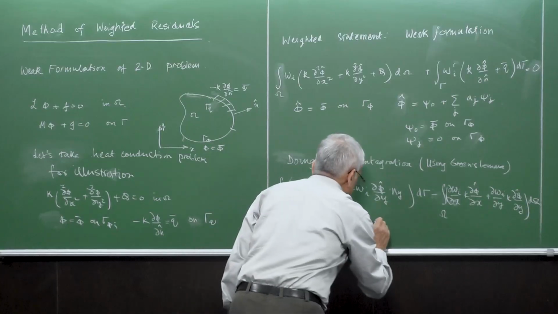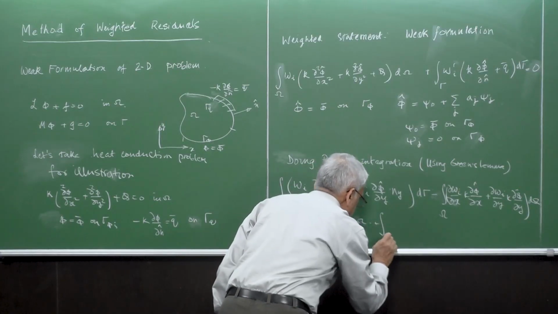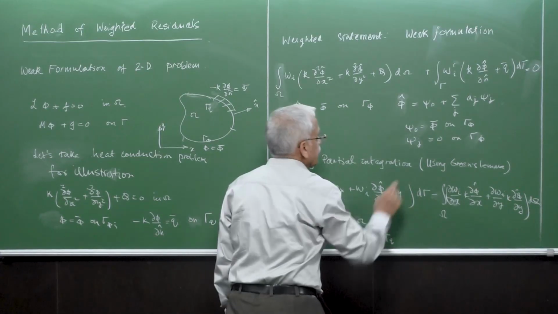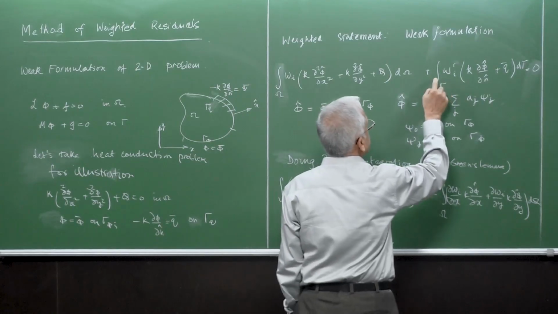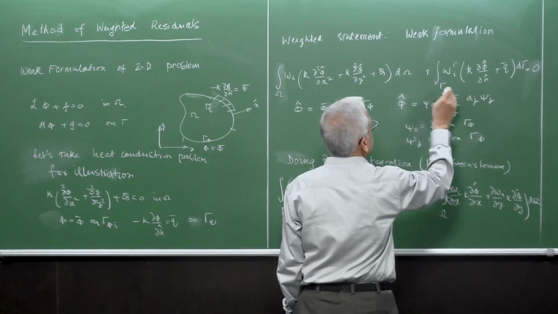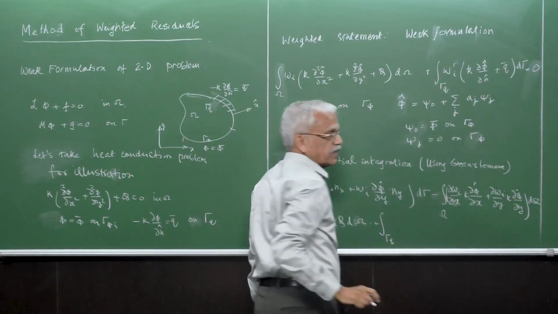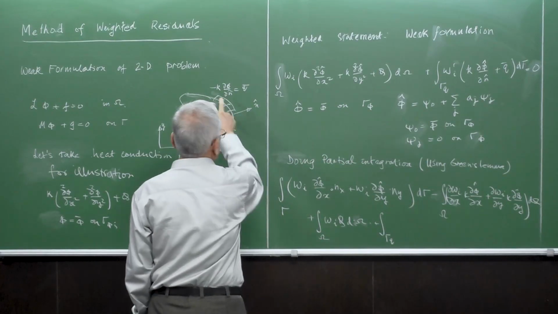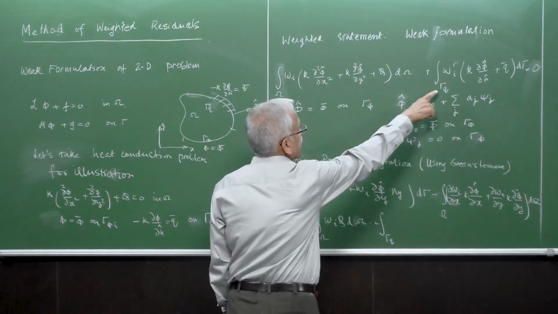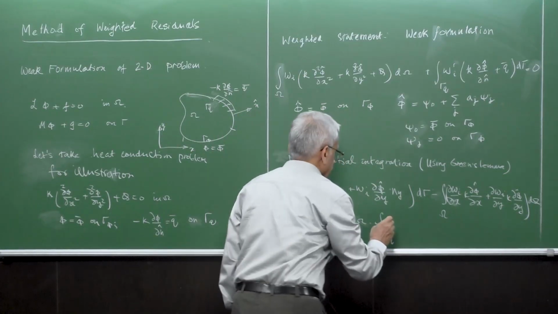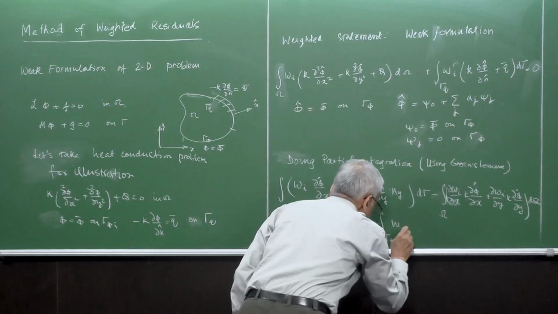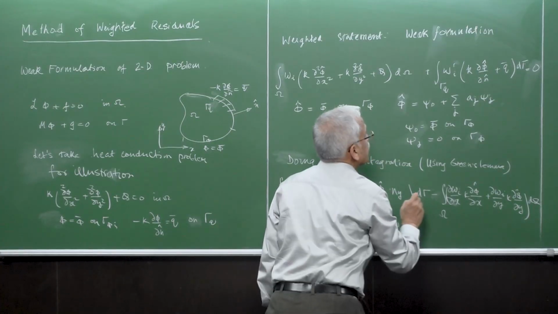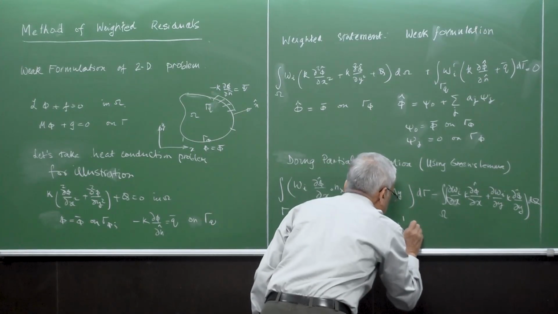And together with this, the last integral needs to be evaluated only for the boundary condition where this gamma q is there. Forgot to put that q here. So that will continue here, wi and k.